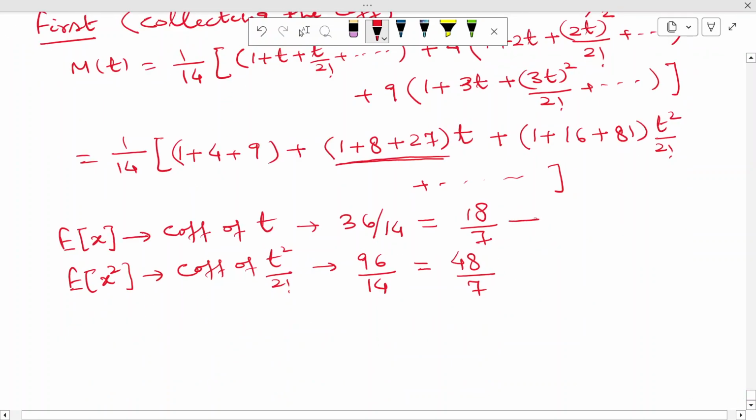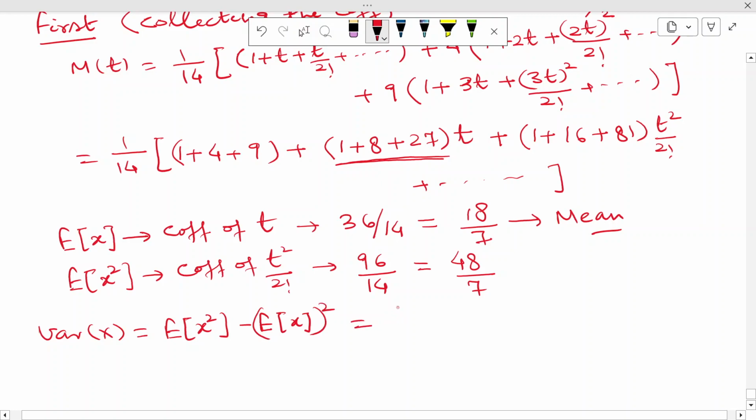So the expectation of x, or the first moment about origin, is our mean. So the mean is 18 by 7, but in the question we also need to find the variance, and we know that the variance of this random variable is expectation of x square minus expectation of x whole square.